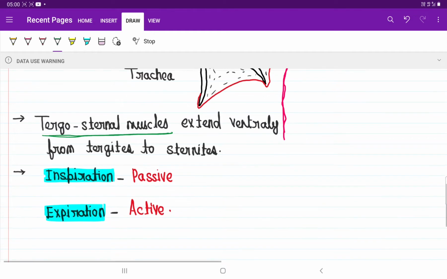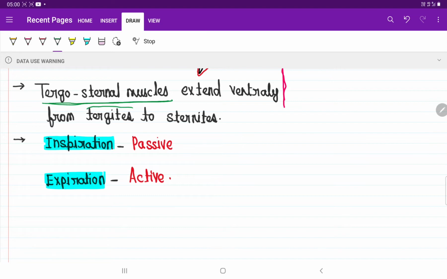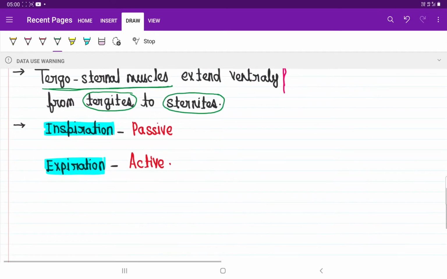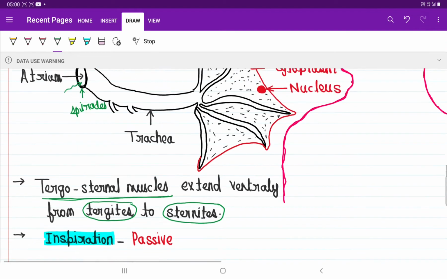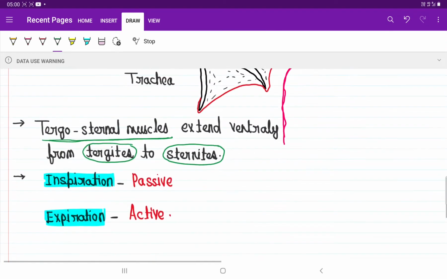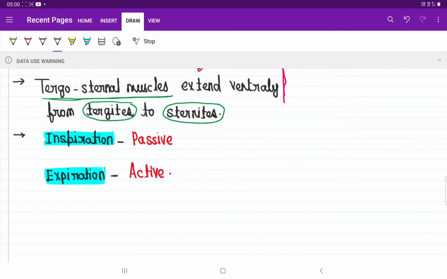From the dorsal side they are connected with the tergites, and on the ventral side with the sternum, and connecting between tergum and sternum, they control movement in the spiracles, which helps in the exchange of gases. And remember, students, in humans our inspiration is an active process and expiration is a passive process, but in cockroach inspiration is a passive process and expiration is an active process.